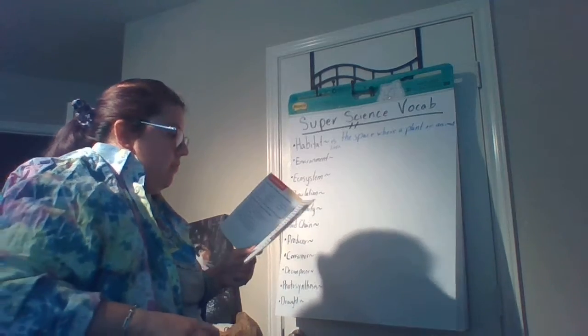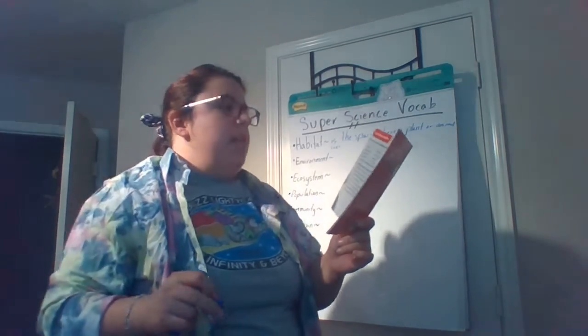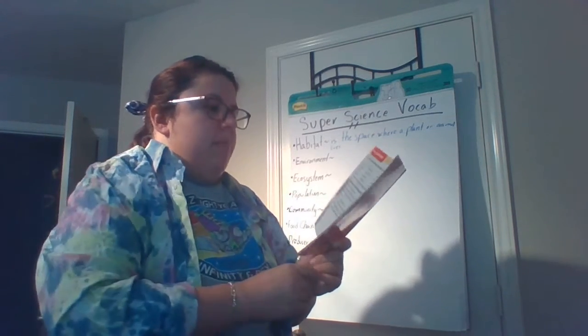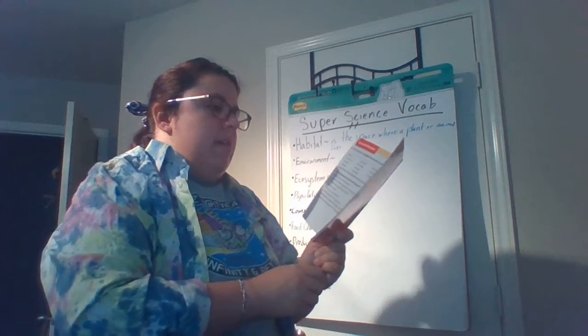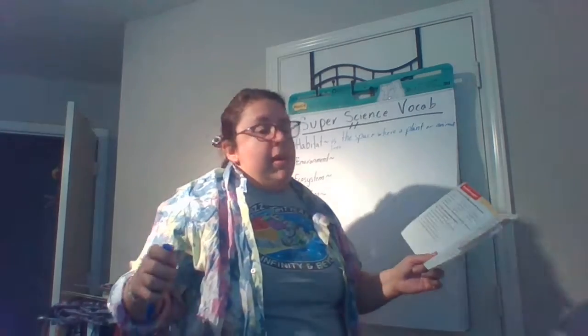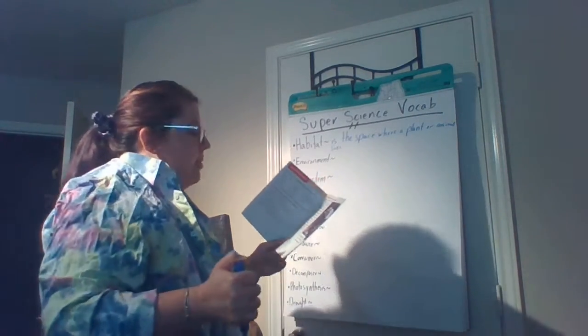Let's continue. What things surround the heron? Water, soil, plants, and other animals are some things. These are all parts of its environment. Oh, there we go. Stop, collaborate, and listen. We got our next one, environment.